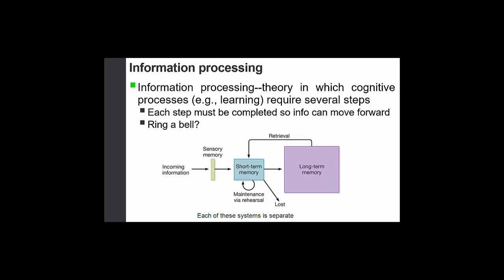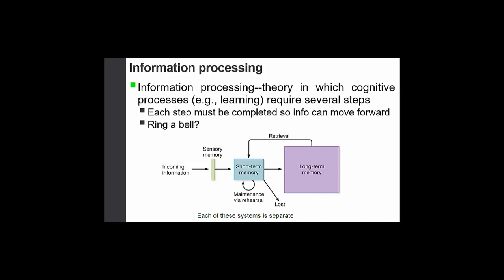And information processing theory really comes out of the early reliance in cognitive science on thinking of things like computers. So in a lot of ways, whenever we're talking about information processing, especially if you have a computer science background, that connects a lot with the way early cognitive scientists were talking about information processing theory in trying to understand cognitive processes.